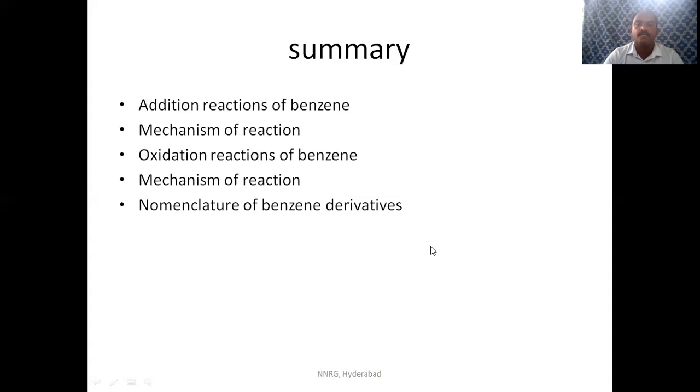If there are two different substituents, then we order them alphabetically. If there are three or more substituents, then we number the benzene structure according to priority and least possible numbering, and follow alphabetical order to name the molecule. So this ends your class, and in the next class we will discuss the effect of substituents on reactivity and orientation of different benzene derivatives. Thank you.